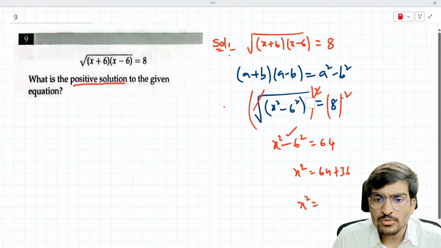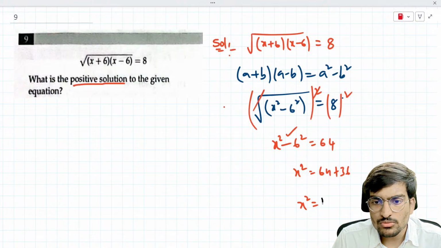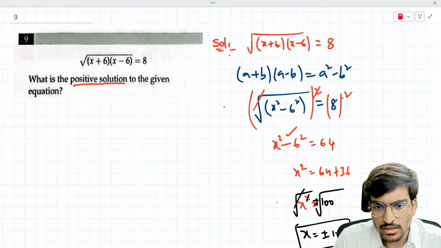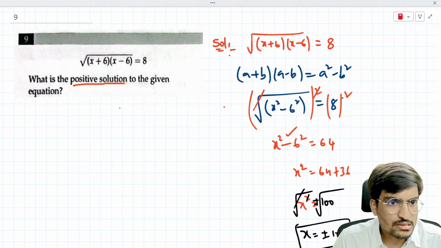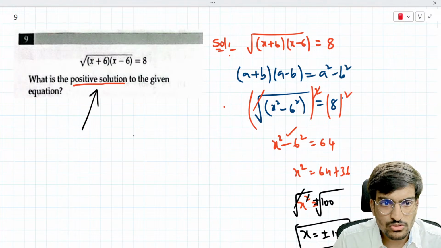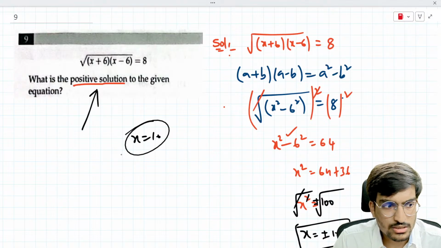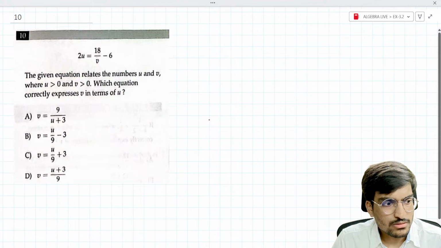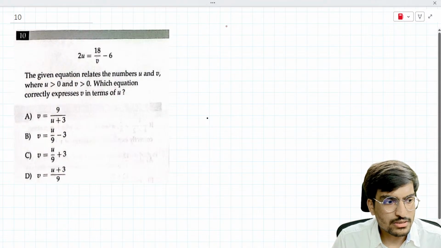It's going to be positive 100. So when you do x equals square root, plus or minus 10. So they mention only the positive solution, so the x value equals only 10. Yes, let's go for the next question.